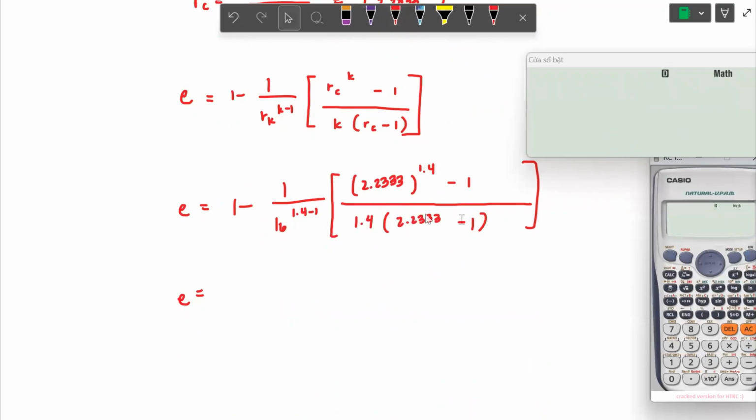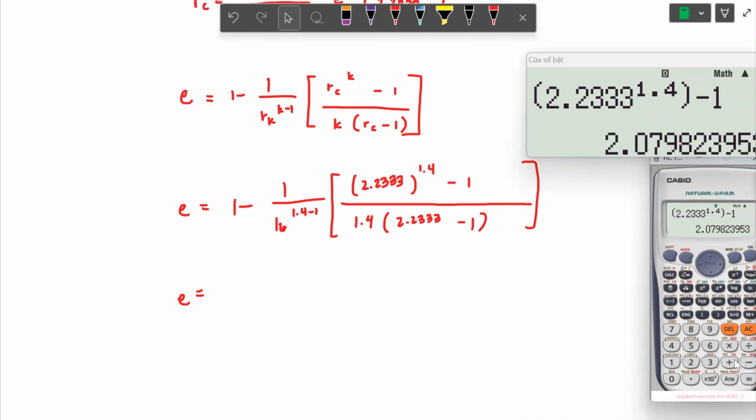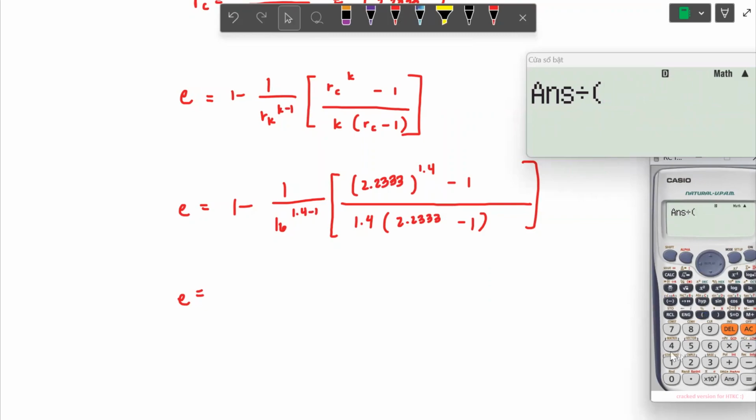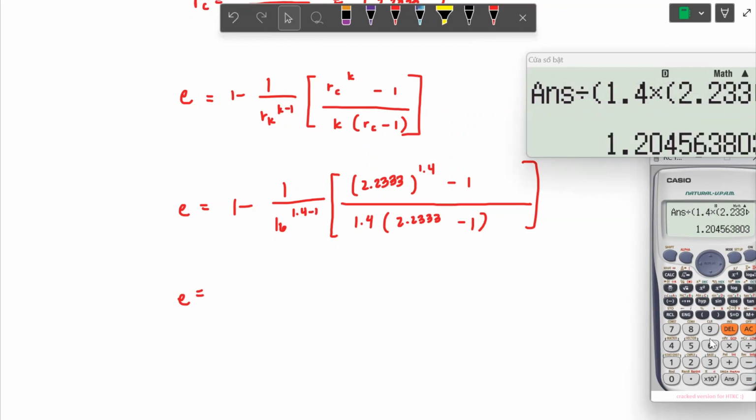I do prefer sometimes, isinusolve ko muna yung nasa loob ng bracket. Tapos, i-save ko siya sa isang alphabet dito. Look at what I will do. So, 2.2333 raise natin ng 1.4 and then minus 1. Okay. Divide natin ng 1.4 times 2.2333 minus 1. Don't forget yung parentheses. So, 1.2.